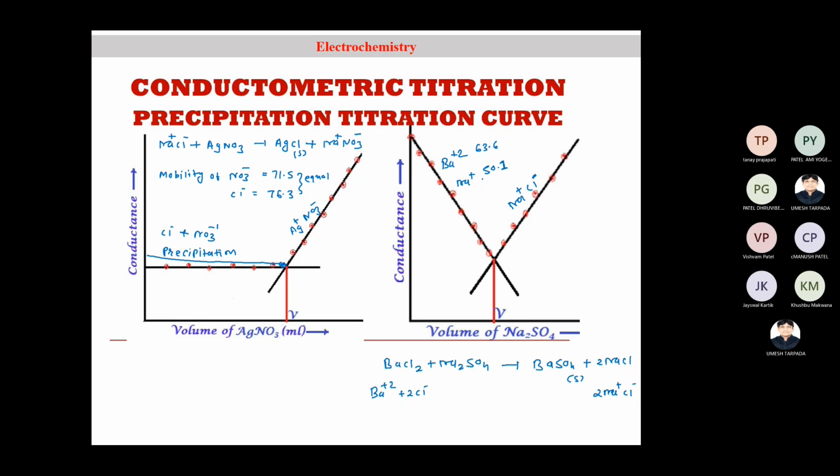This is the mobility value for cations. H+ has approximately 349, not 249. It's a highly mobile ion.